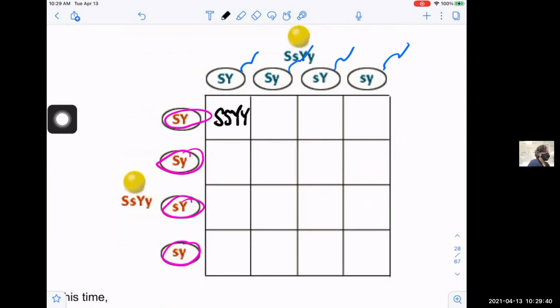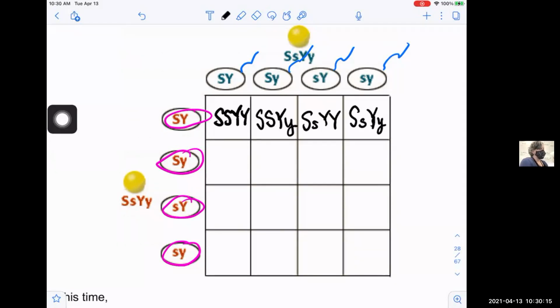The second possible baby here would be big S, big Y, little y. Moving to the right, we would have big S, little s, big Y, big Y. And then the last one would be big S, big Y, little y.